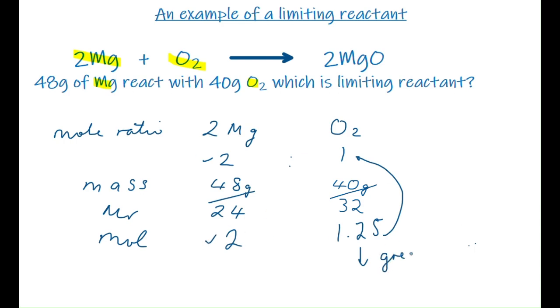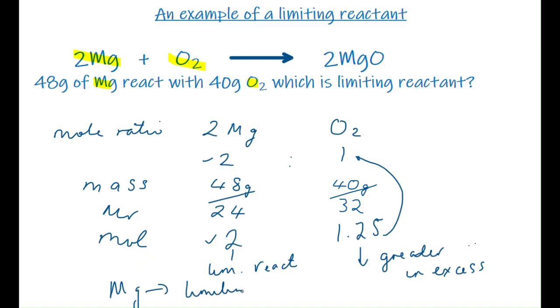So there's a greater amount of oxygen than there should be, so therefore the oxygen is in excess. If it's the oxygen that's in excess, it must be the magnesium that's the limiting reactant. That's just by definition, and we can see that there. So to answer the question, magnesium is the limiting reactant.